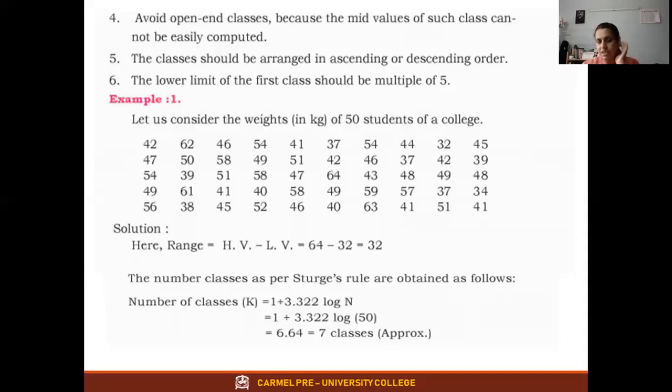And if you see 50 in the log table, the value is 6990. So it is 1.6990. So how much is log 50? All of you write it down.